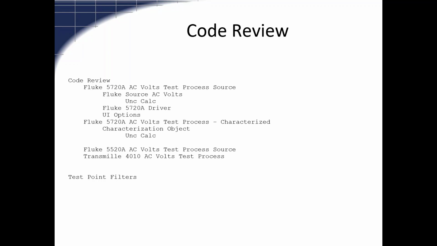So now we can calibrate long scale voltmeters because we characterized that 5720. We'll look at how those uncertainty calculations run and how we can create a characterization object, then how we could interchange that with a 5520 or a Transmille. Then we'll come back in and look at how the filters work in this a little bit.